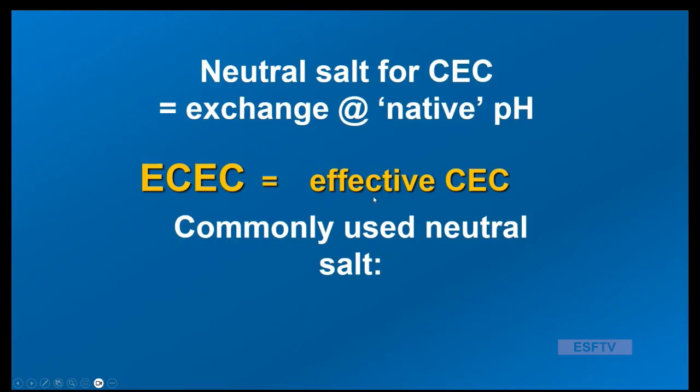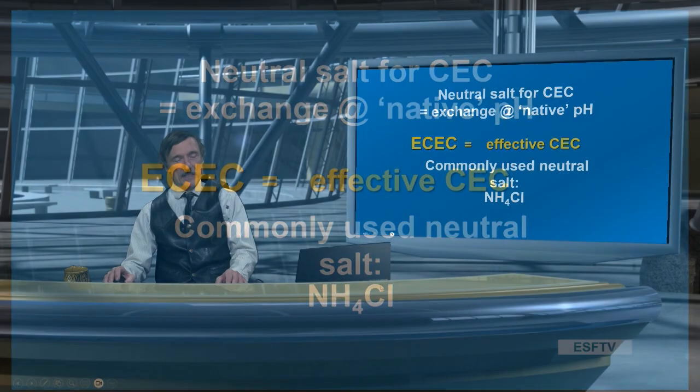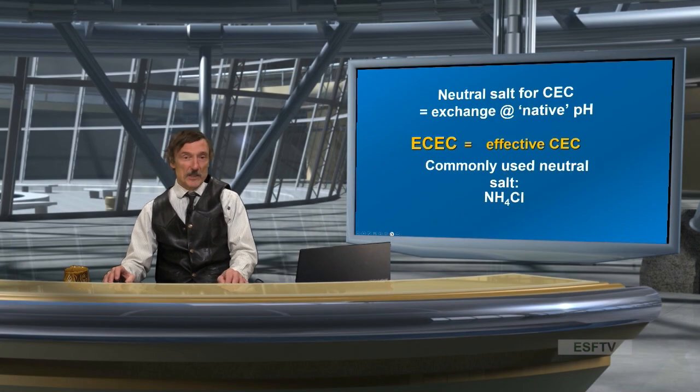Commonly used neutral salt, ammonium chloride. And why? Back in the days of the acid rain work, when I was a postdoc, we had issues. We really wanted to represent the CEC of the soil as it occurred, not as if someone forced it to 7. In ag systems, most of our work centers around 6 to 7, because that's where the maximum availability of nutrients is.